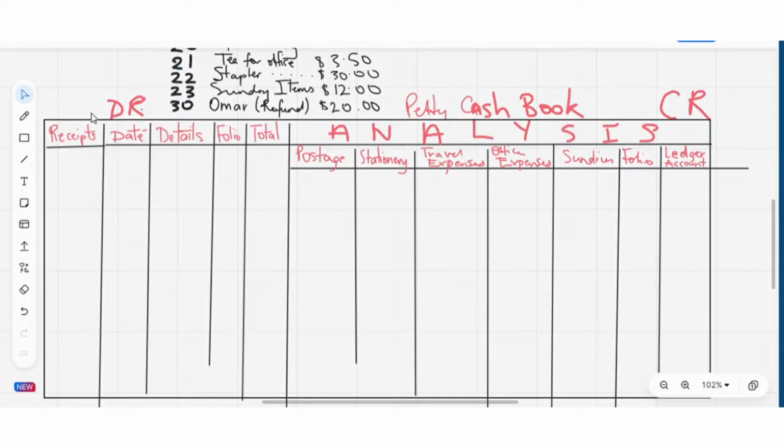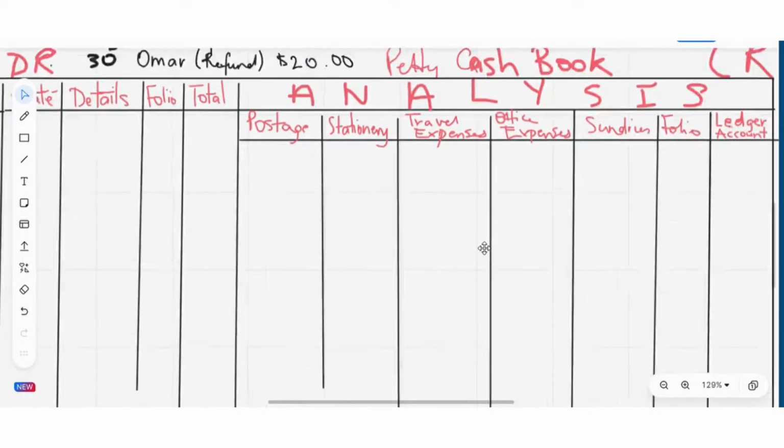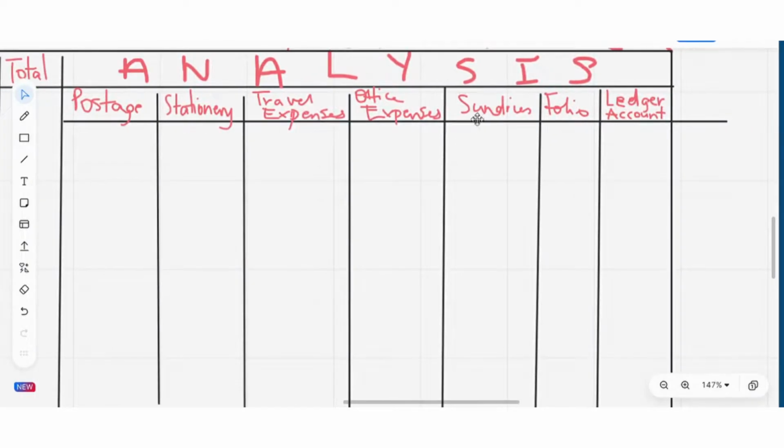The debit side is where you receive the money. So in the analysis, the credit side, you can see the postage, the stationery, travel expenses, office expenses, sundries, expense. The folio column, the ledger account.